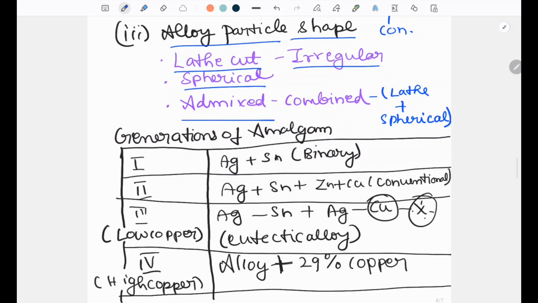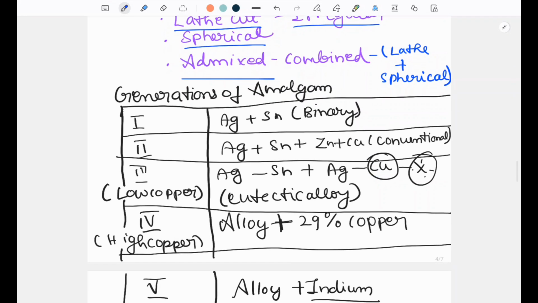Lathe cut is irregular, spherical is regular, whereas admixed is combined, that is both lathe cut plus spherical. Coming to the generations of amalgam, I know it's a little bit difficult topic. Up to this I will be covering in this video. This first part especially is very important. In the first generation we have silver plus tin, that is binary.